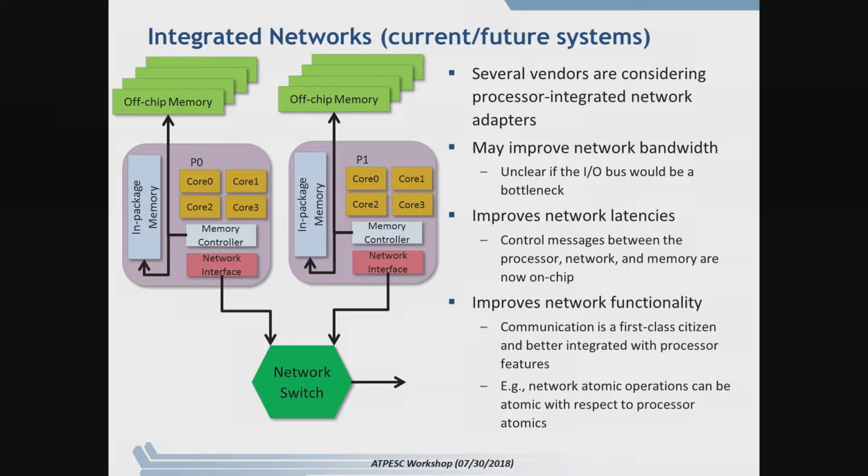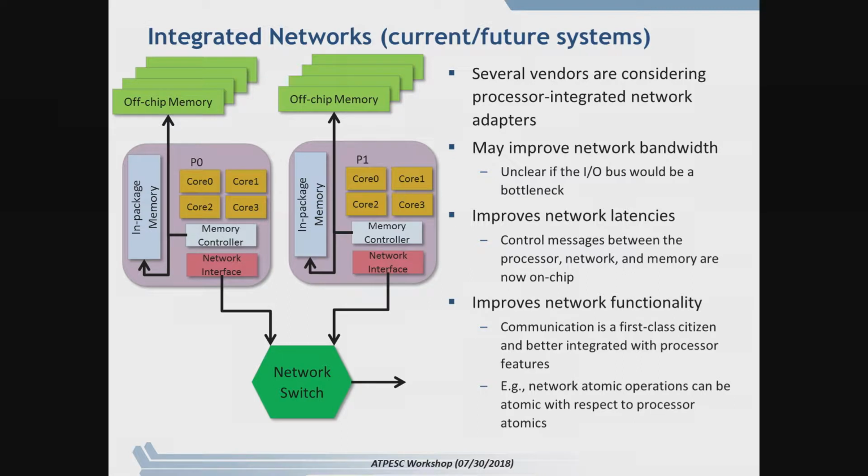I think there is still a pseudo PCI Express connection on the chip itself, but it is at least physically closer, and maybe that boundary will go away in the future. I'm kind of hoping so.